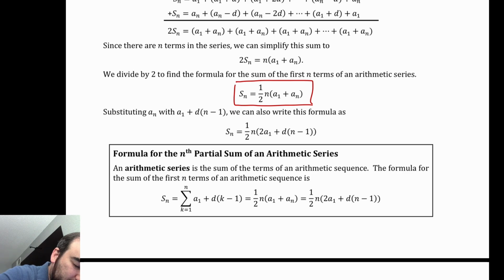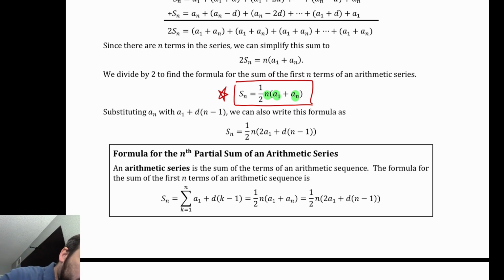I would just focus on learning how to use this first form of the equation. The second formula is given to you in case you don't know what the last term is. Because if you notice here, there are three things in this formula that we need to know: n, a1, and a sub n.